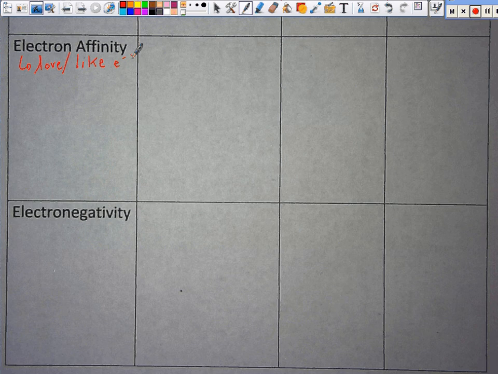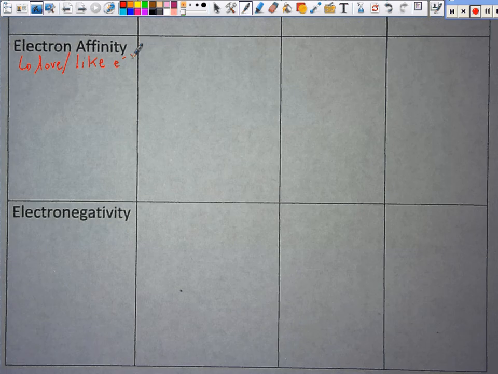So really what we want to know is they want to gain an electron. The more you love them, the more you want to get them. So again, we can add this in: group 17 has the highest affinity.